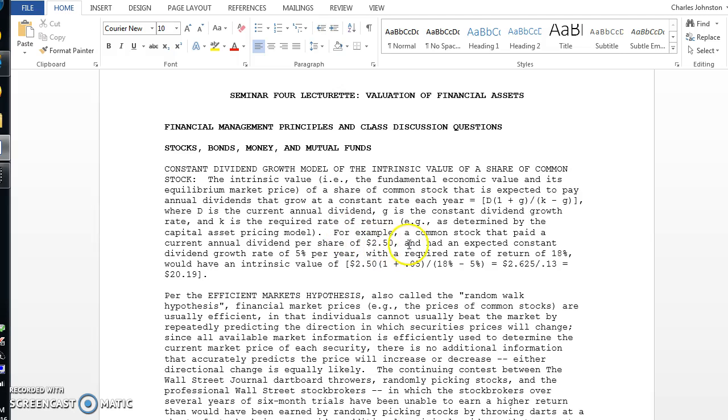So here's an example of using the equation to solve the problem.